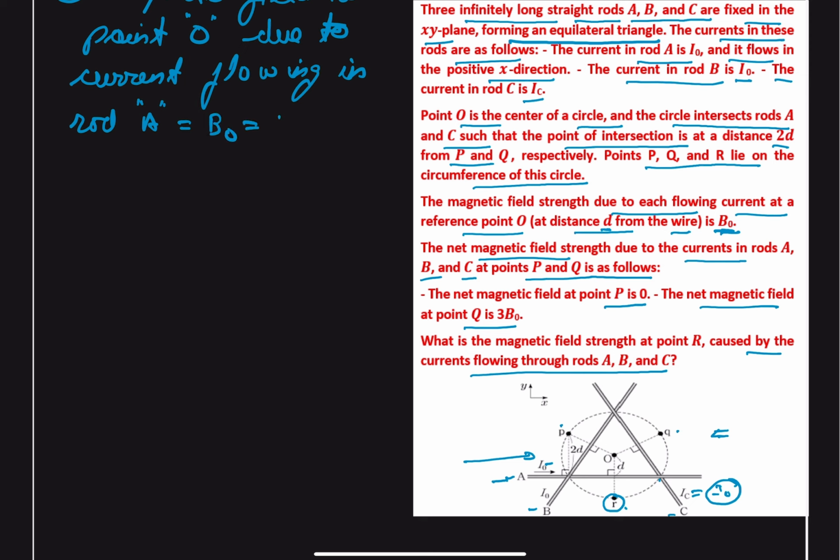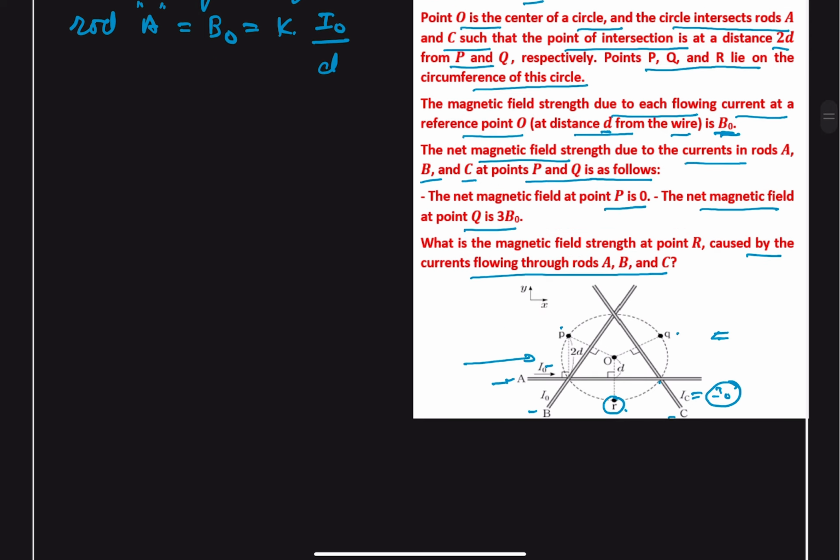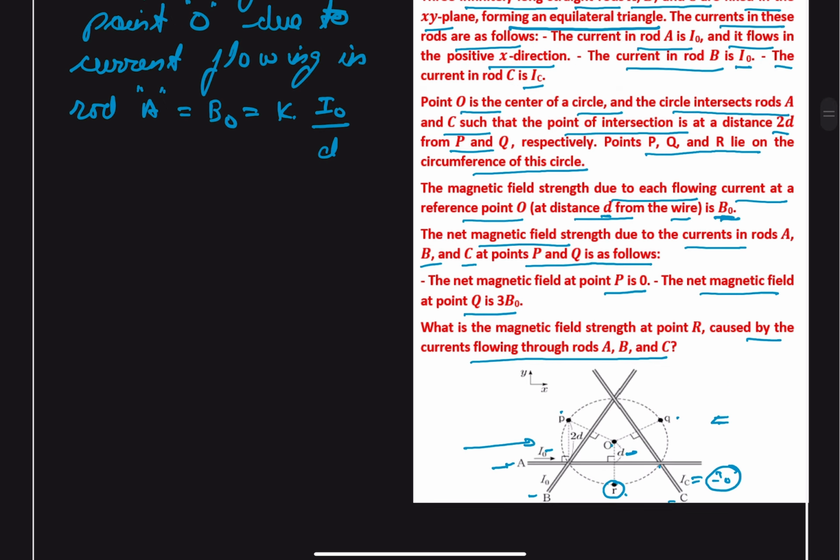The perpendicular distance of the rod with respect to this point O is d. So this B0 is our reference field. We are going to modify the rest of the equations based on this B0 only.